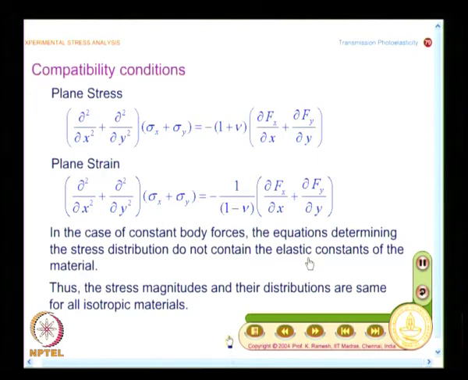So, what is the implication? The implication is the stress magnitudes and the distributions are the same for all isotropic materials. So, here you have the comfort, your theory of elasticity comes to your rescue, because in most problems, if you are really looking at static problems, the body force is a dead weight, and if it is constant you are not going to have any problem.